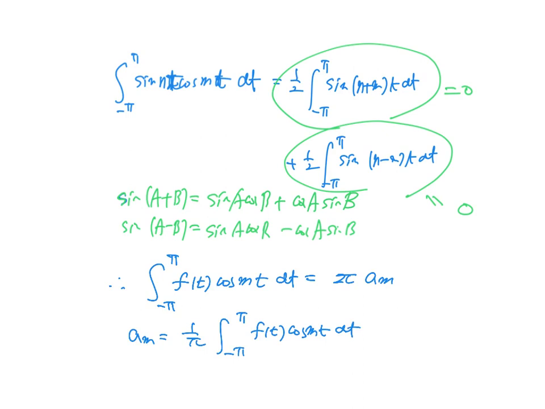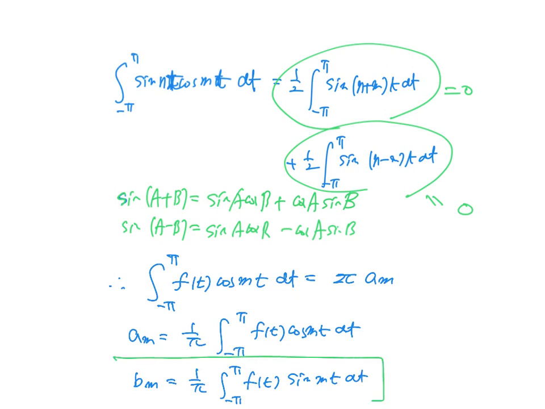And using the same analysis, we can show that bm equals 1/pi times the integral of f(t) sine mt dt, and I'd like to do this as homework.